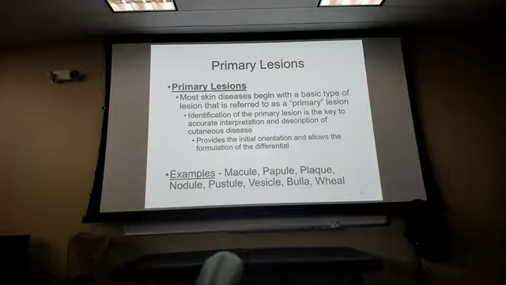Examples of primary lesions can be a macule, a papule, a plaque, a nodule, a pustule, a vesicle, bulla, and wheal. So it's going to show those things, and then you will decide what type of primary lesion that is. So we're going to break them down.